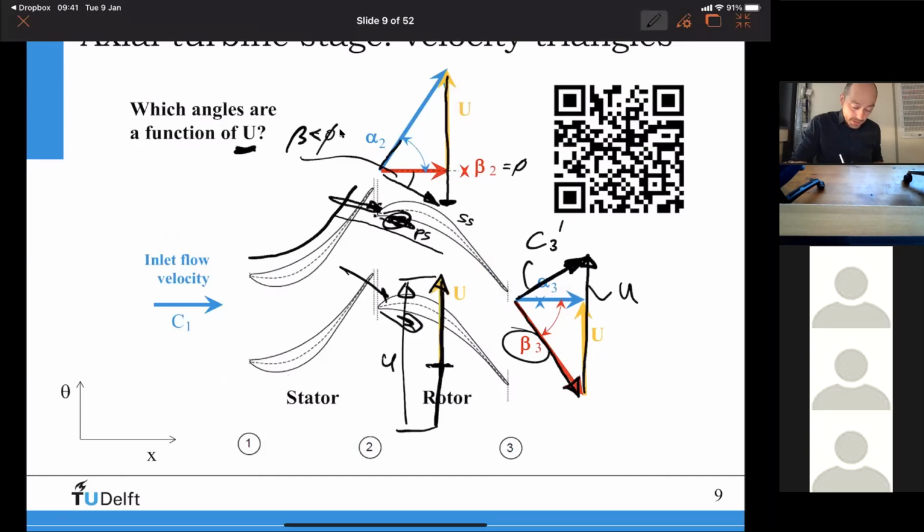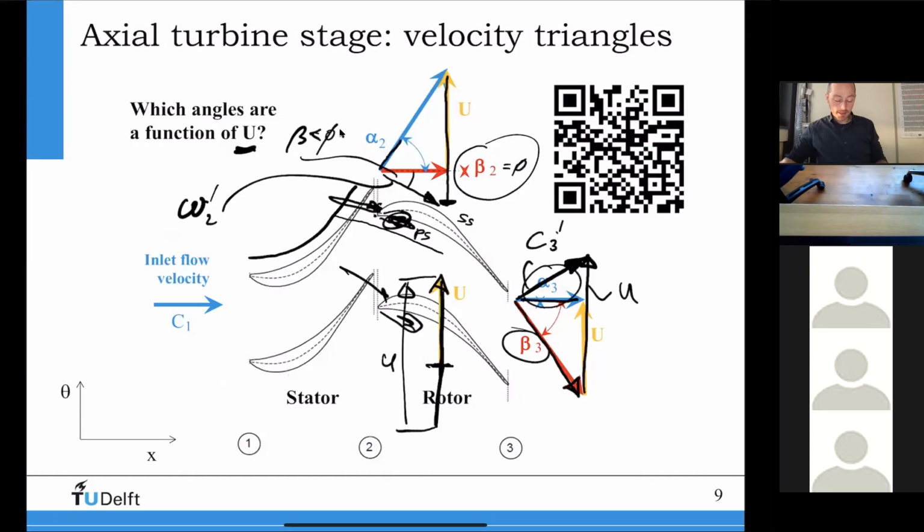And this is my W2 prime. So my W2 has gone to W2 prime, and my C3 has become C3 prime, which means that beta 2 and alpha 3 are a function of the velocity. Clear? I think it's pretty clear.